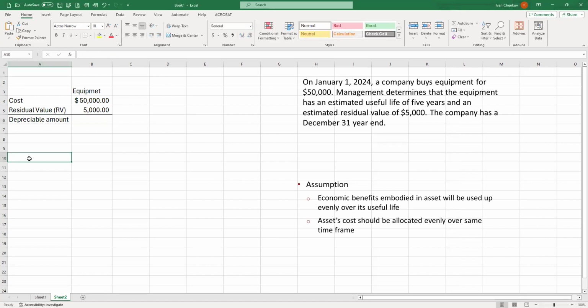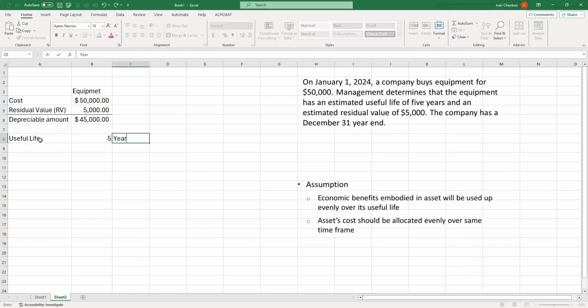So our depreciable amount will be original cost minus residual value, or $45,000. $45,000 we have to depreciate equally over 5 years, because we know that the useful life of the machine is 5 years. How can we do that? Very simple. Every year we're gonna reduce the value of the asset with the same amount.